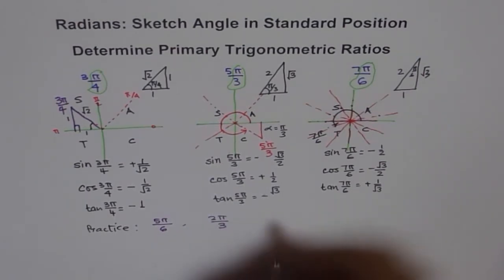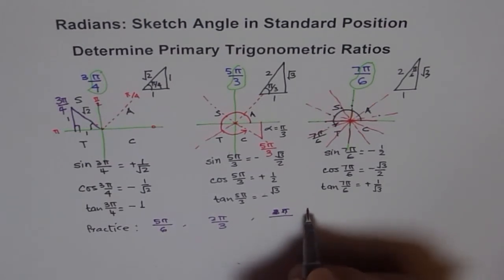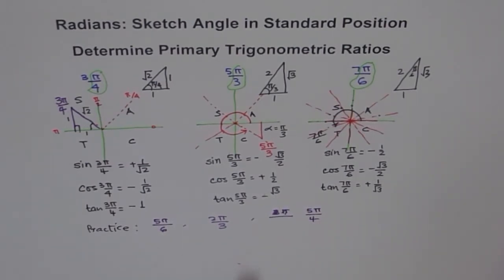And let's say 3 pi by 4, I already did, so let me do 5 pi by 4 for you. Okay? Try your triangles. Draw them. Get practice working with radians. Okay? That should be a good exercise.